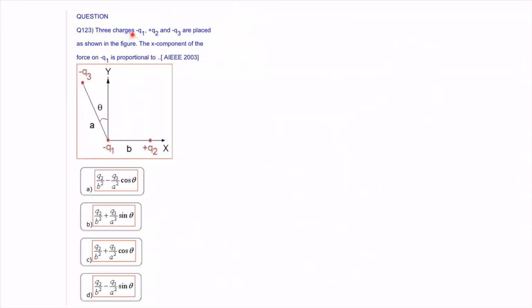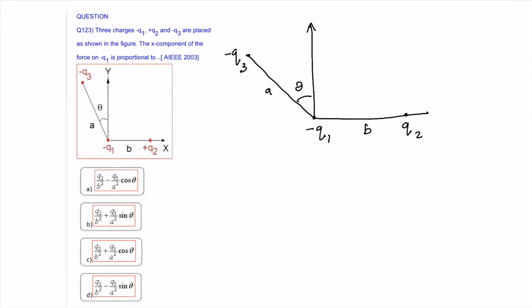Three charges minus Q1, plus Q2 and minus Q3 are placed as shown in the figure. The X component of the force on minus Q1 is proportional to, and these are the options. From the figure it is clear that there are two forces acting on minus Q1, one due to Q2 and the other due to minus Q3.